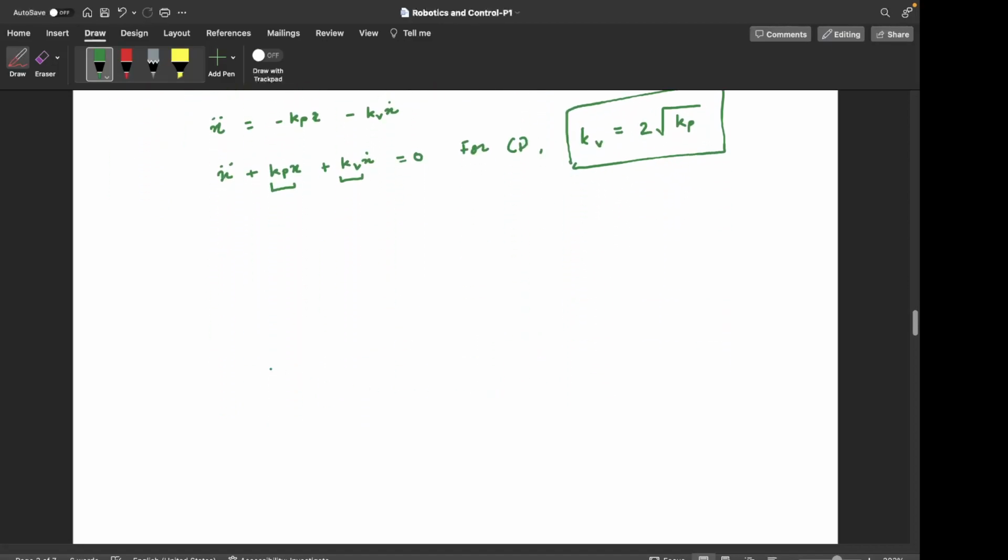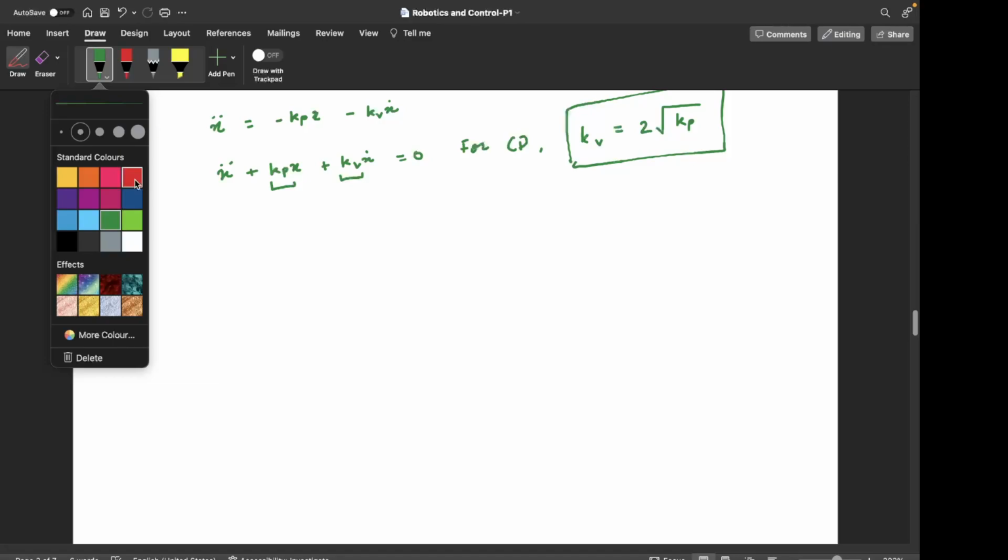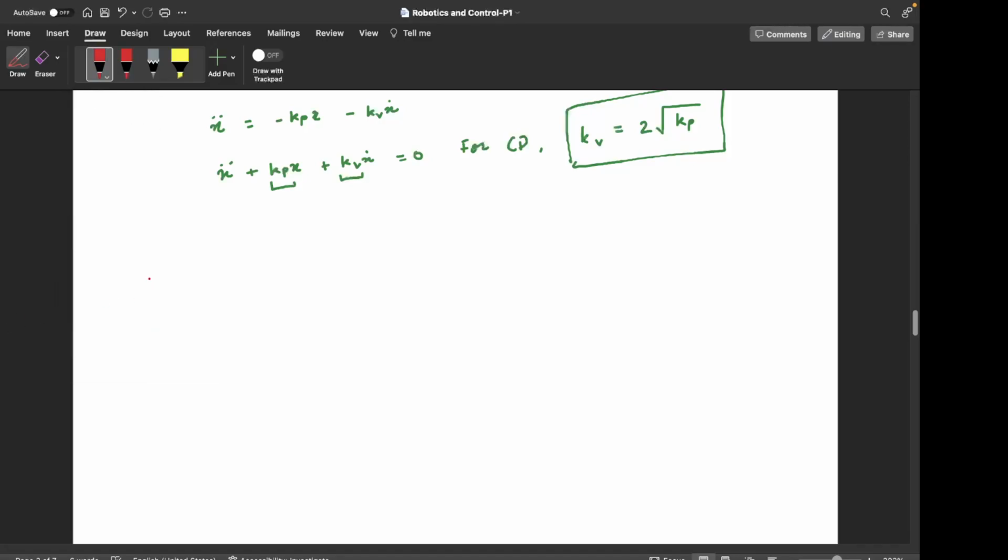Okay, and now we can come on to trajectory tracking. You have also seen how to generate a trajectory, and let's say we have a trajectory.